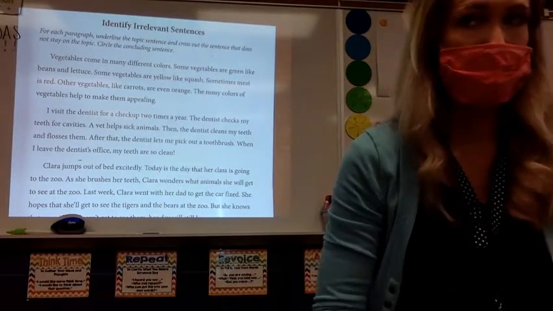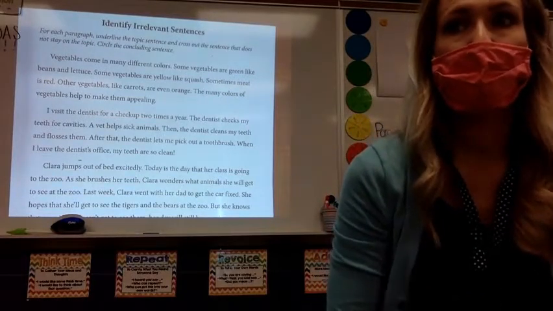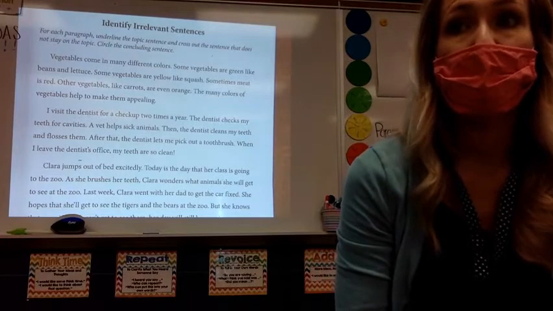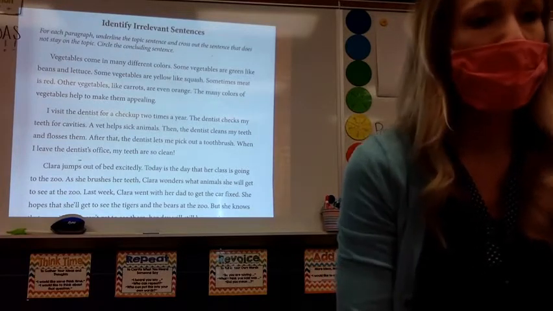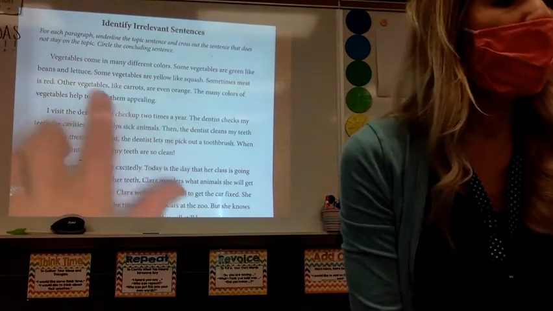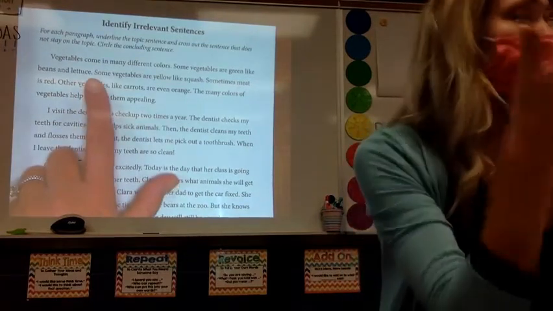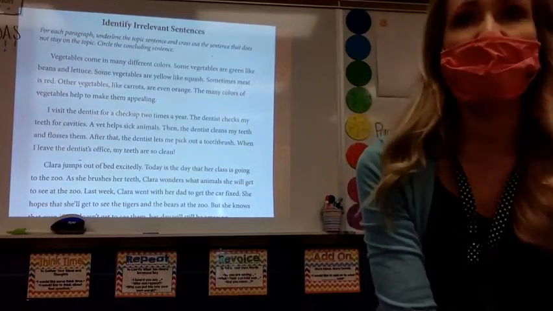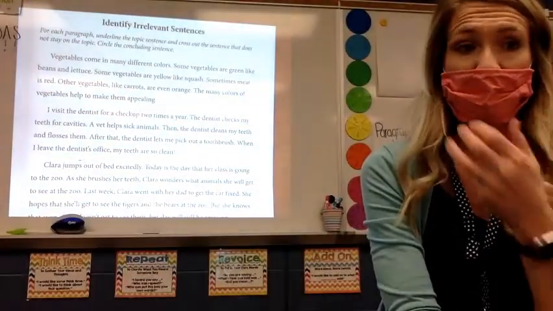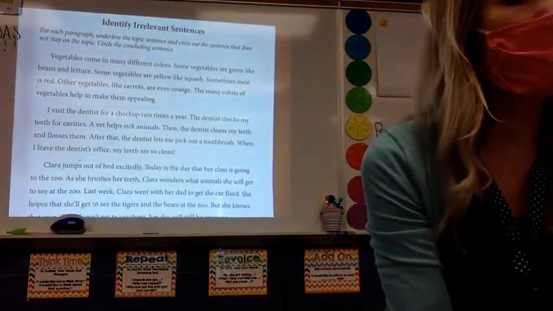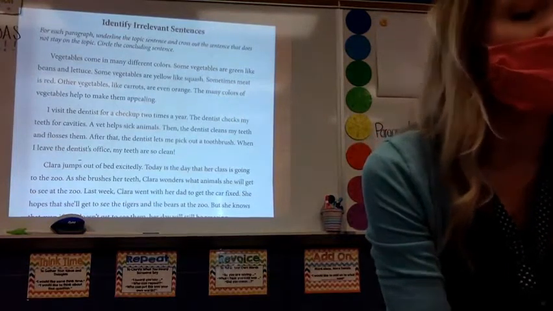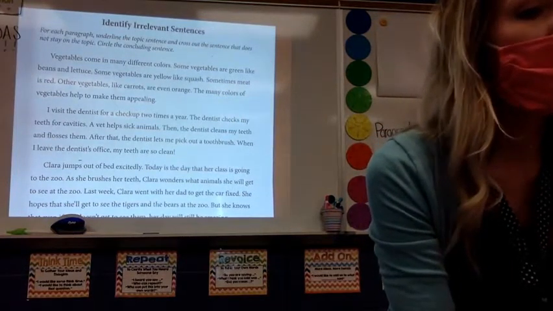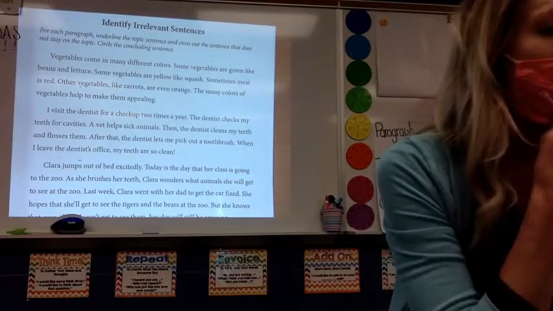Hands down for a moment. Thank you. Each of these paragraphs is going to have a topic sentence followed by supporting sentences that are going to tell you more about that topic sentence. But one thing we're going to notice is some of these sentences simply don't fit. We are going to underline the topic sentence in each paragraph.